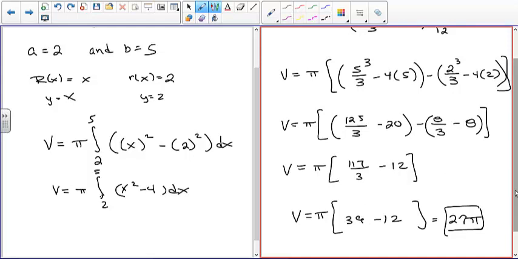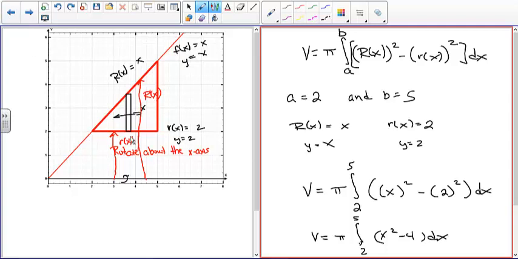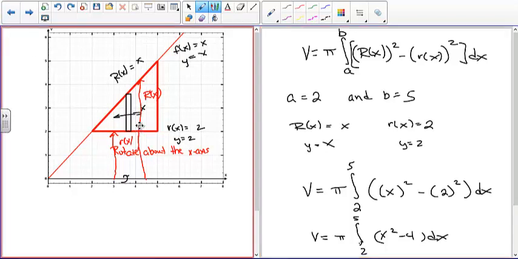So it's not always a fraction, but anyway, that's how the washer method works.